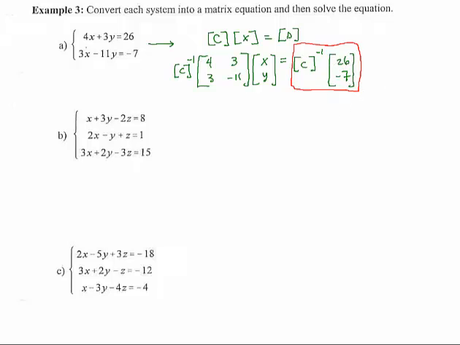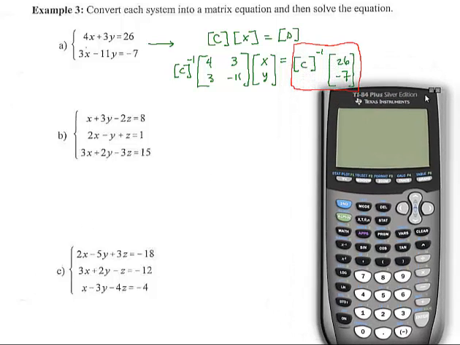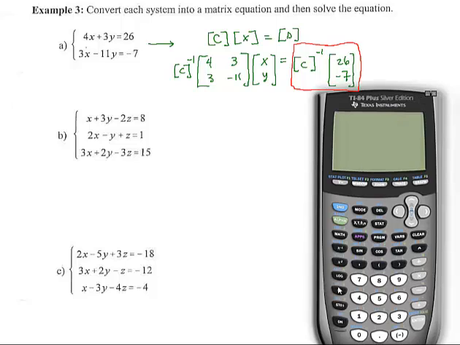So let's walk through that with our calculator. We'll clear everything out. We'll go to the matrix screen, and we're going to use C and D. We don't have to put the variable matrix in our calculator. That is unnecessary.